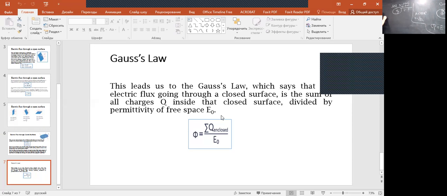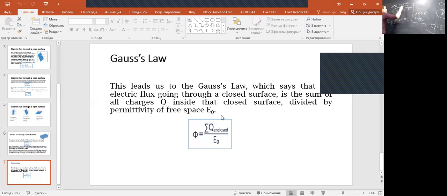So the flux is equal to E multiplied by A, which is 1 over 4 pi epsilon 0 multiplied by Q over R squared, multiplied by 4 pi R squared. The 4 pi R squared cancel, so we have Q divided by epsilon 0.